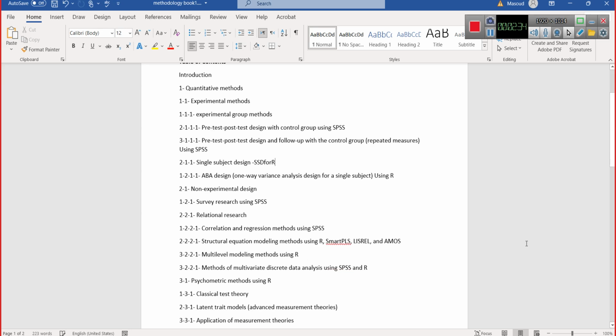If I want to introduce you to some quantitative methods, in the field of quantitative research methods, it is split into two kinds: experimental and non-experimental research methods. It is something that generally is accepted in the field of research methods in behavioral sciences.